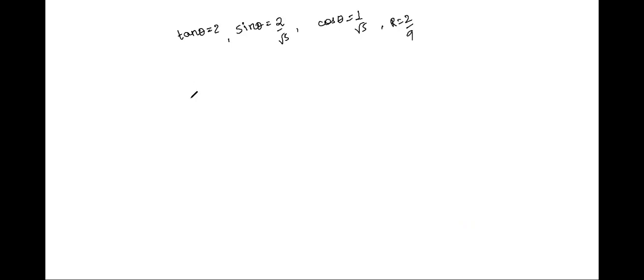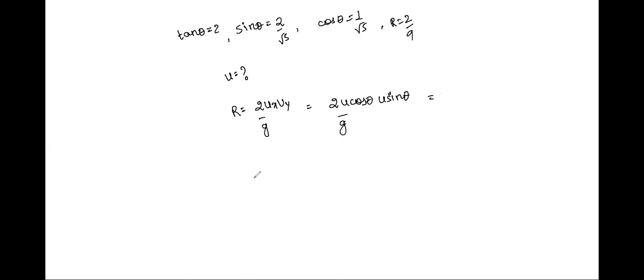Now we are being told to find out what is u. We know the formula for range, which is 2 times ux uy by g, and let's expand it. So we have 2 times u cos theta times u sin theta upon g. Now that we know this, all we have to do is substitute the values.